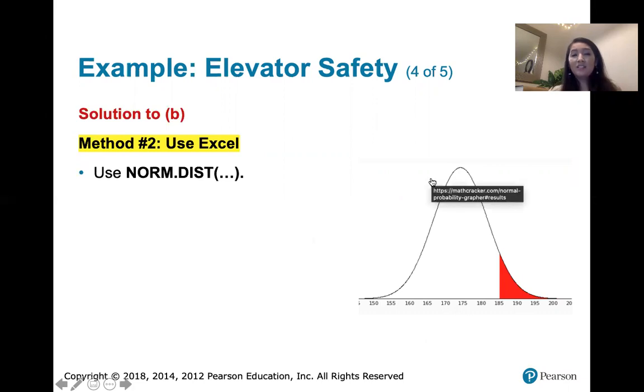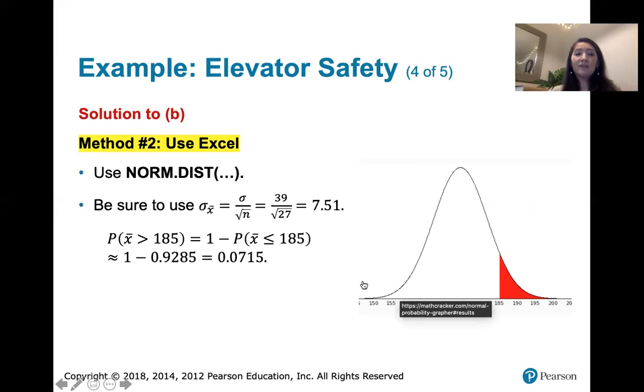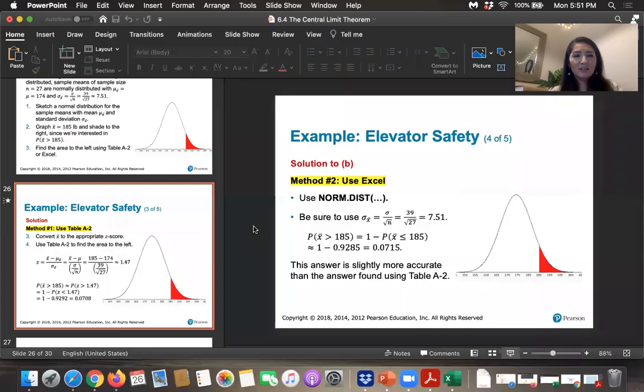Then you'll also want to use the standard deviation of this distribution. Now make sure that you use the standard deviation of the sample means, not the standard deviation of the original population. The standard deviation of the sample means is that 39 over the square root of 27, which is approximately 7.51. So let's look this up now.